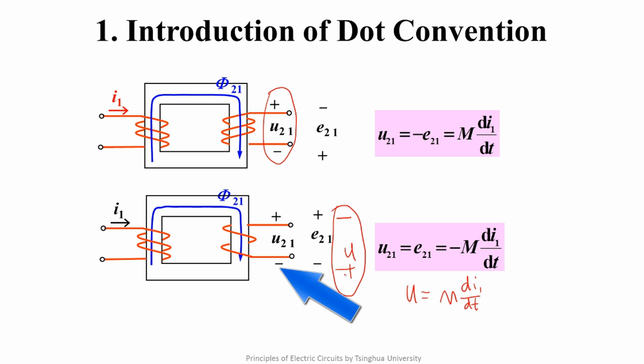Under such reference directions, if the current of coil 2 flows into the positive label of the voltage likewise, its magnetic field and the one generated by the current of coil 1 are enhanced by superposition. It gives us a very important enlightenment. For two coupled coils, if their current directions make the magnetic field enhanced, we can define the positive of the voltage as the terminal the current flows into, so that the induced voltage is positive M di over dt. So there is a concept of the dot convention.